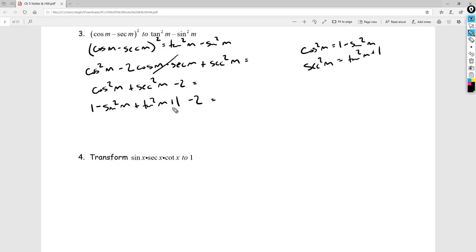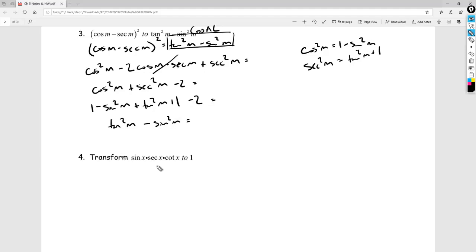And now when I do some simplification, I see that 1 plus 1 minus 2 is 0, so that cancels out. If I rearrange, I'll end up with tangent squared of m minus sine squared of m equaling tangent squared of m minus sine squared of m. So I did get to my goal here, which I did not box, so I'll do that now. Hey, I did get to my goal, and so I've completed my proof.